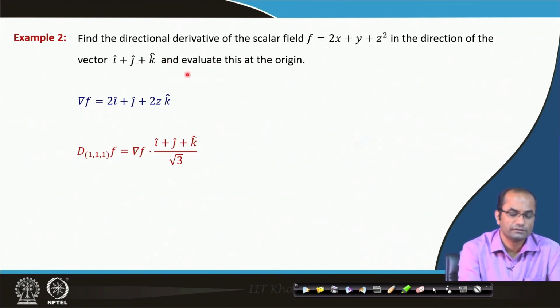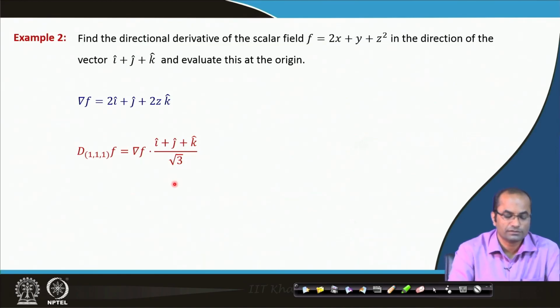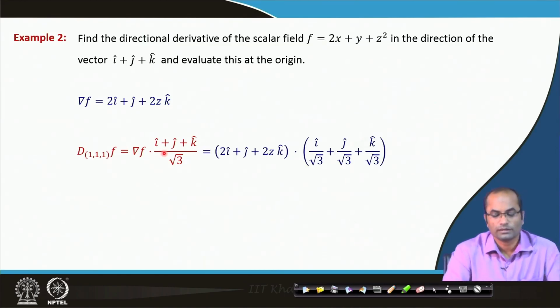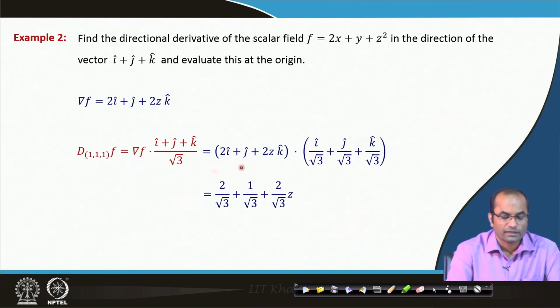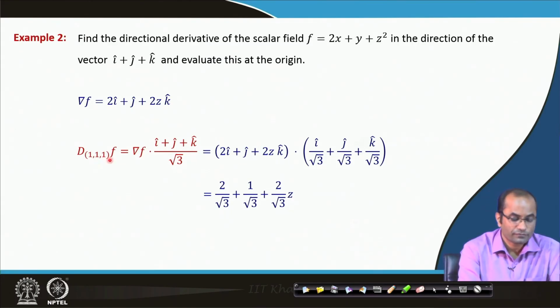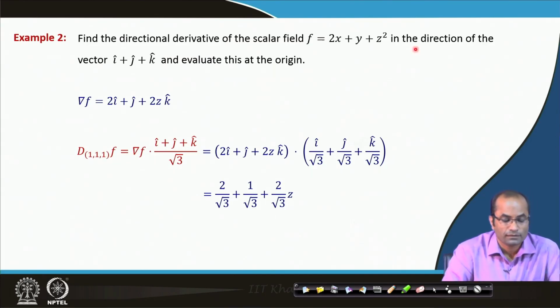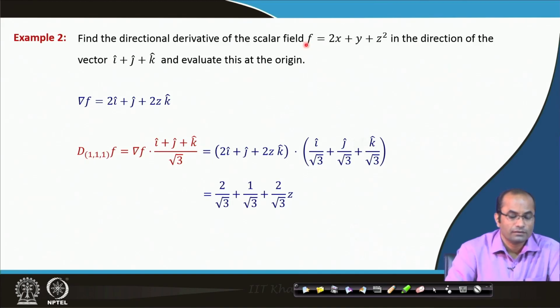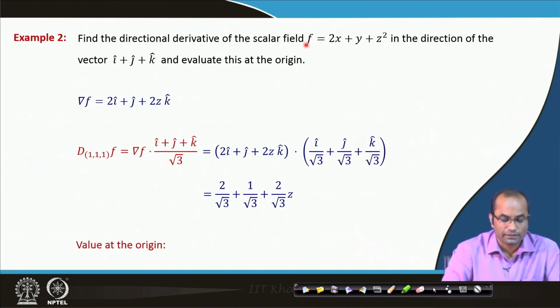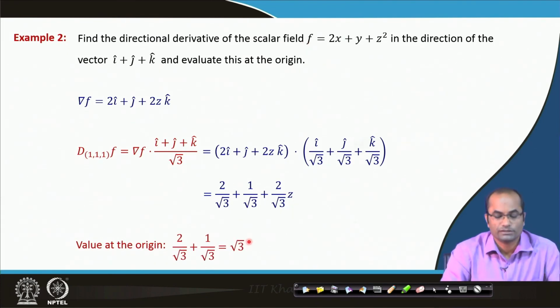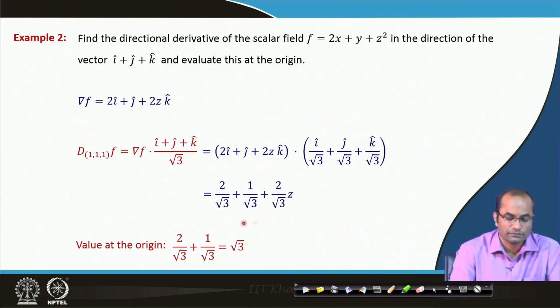The unit vector in the direction i plus j plus k will be given by this expression, and if we make this dot product, we can find the directional derivative at that point, say at the point (1, 1, 1) in the direction of i plus j plus k. And if we want to evaluate this at the origin, we can put z to 0 and the value will be square root 3.